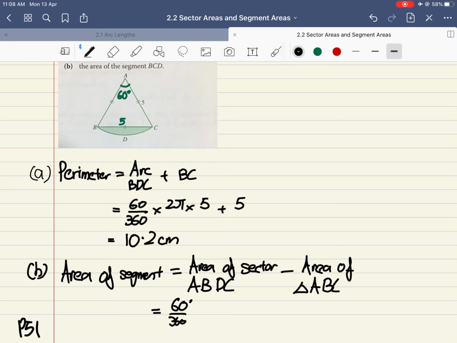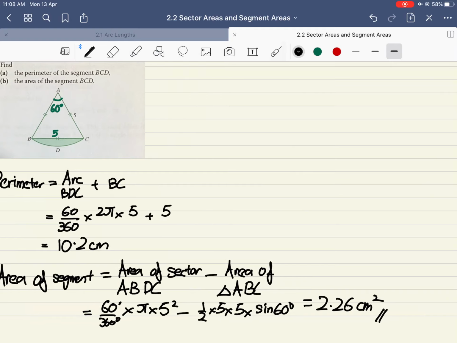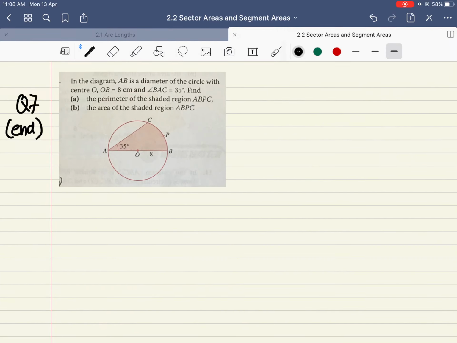So if I just fill in the values, I get 60 over 360 times pi times r squared minus away the area of the triangle, which is half AB sine theta, which is times 5 times sine of 60 degrees. If I compute everything, what I should get is 2.26 cm squared. And that's for question 4.